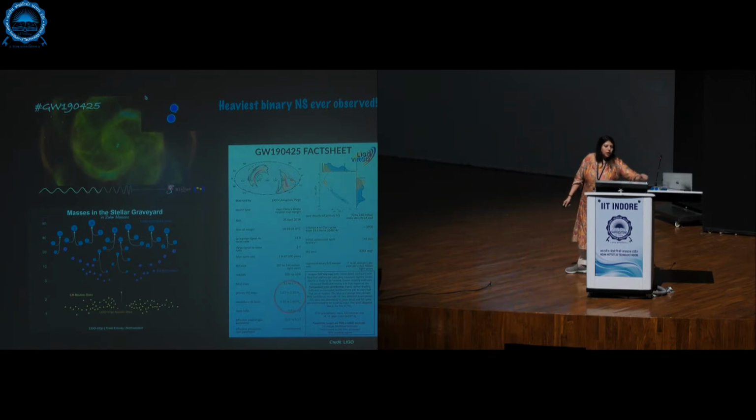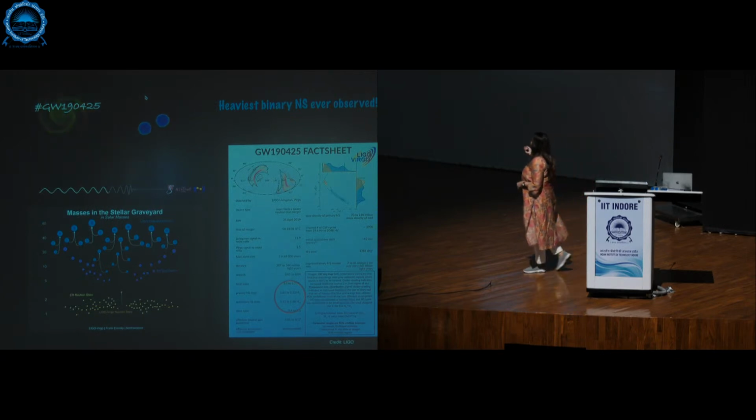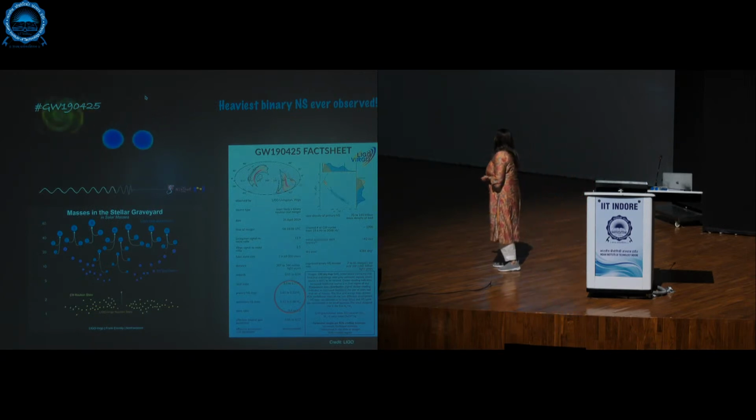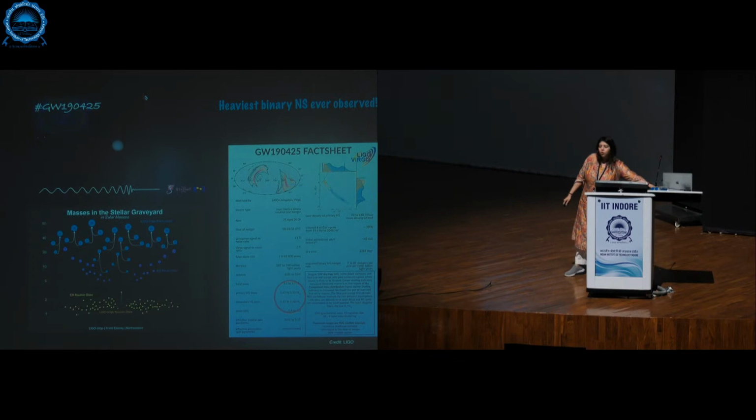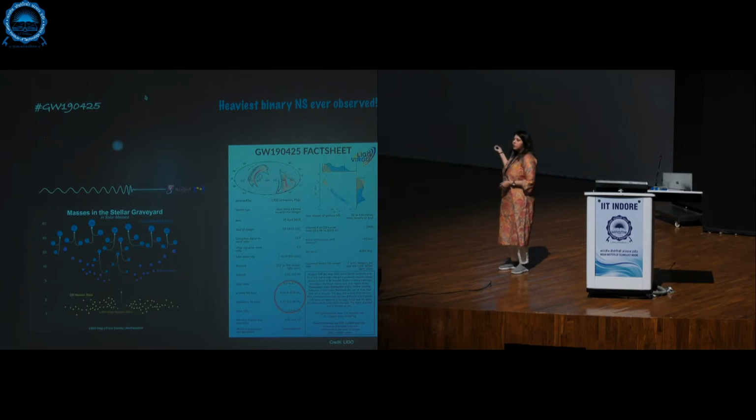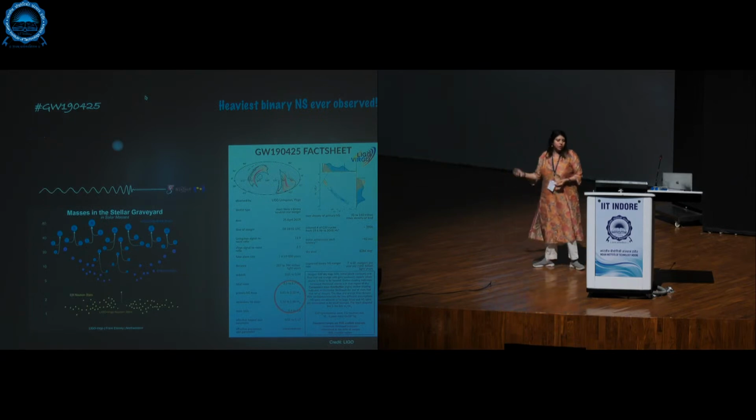For example, for the system GW190425, the mass of the primary neutron star that was deduced was thought to be the heaviest in a binary neutron star. And of course, that was a big challenge for the theoretical models to be able to explain such a large mass.